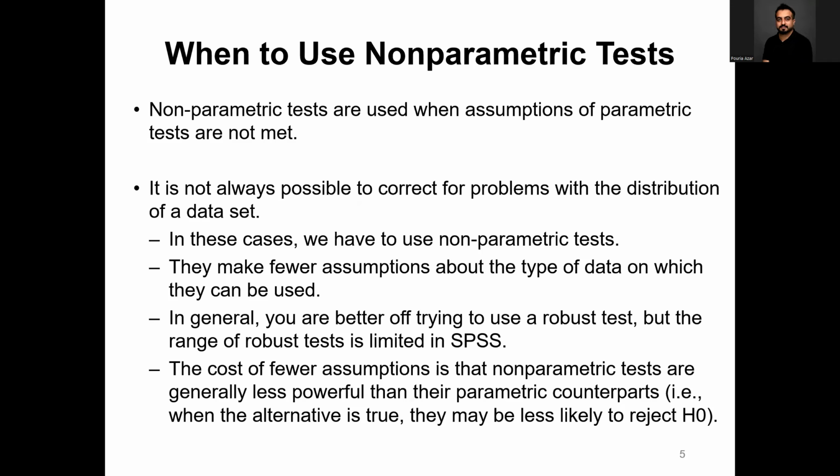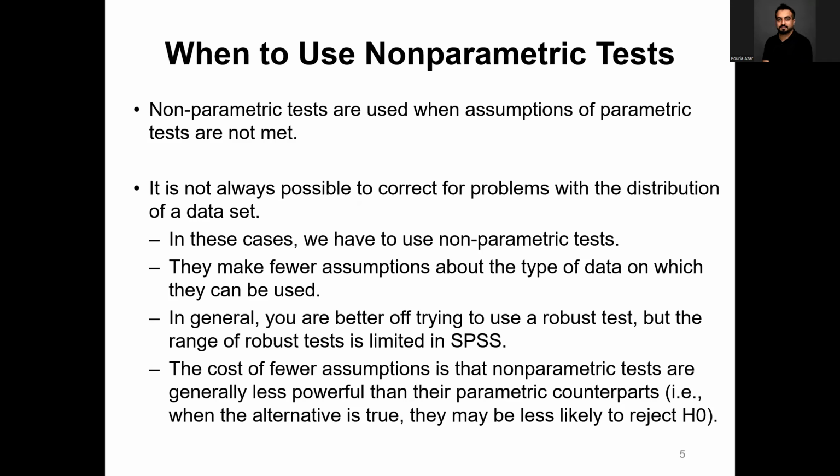But in some cases, we cannot just go ahead and correct data. So in some situations, we have to go with a non-parametric test instead of correcting the problems we have in our data set.